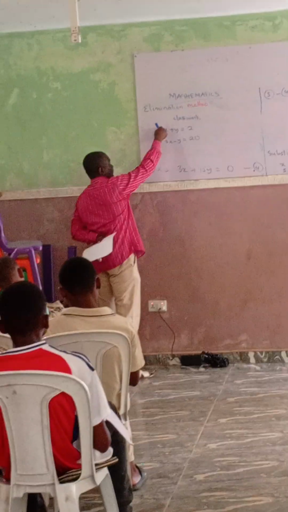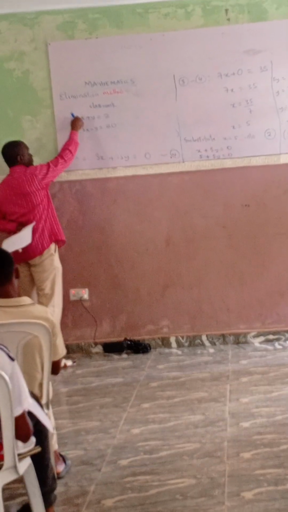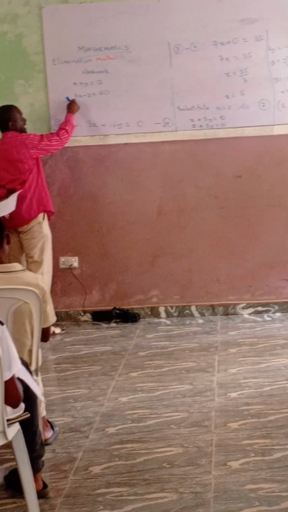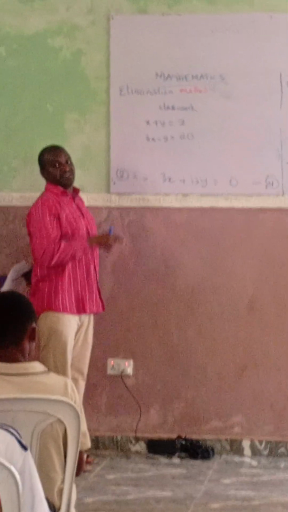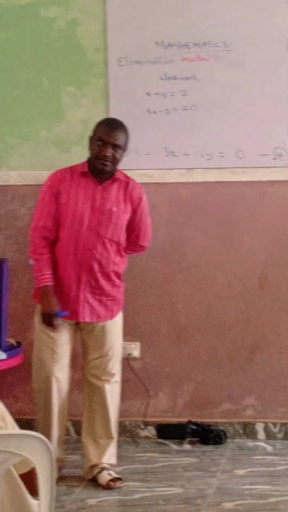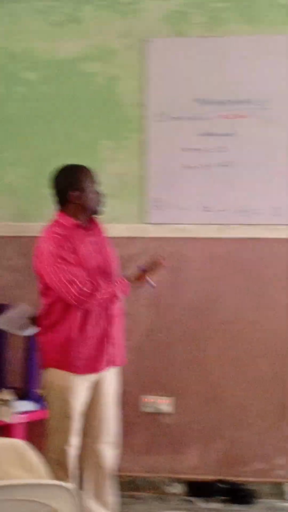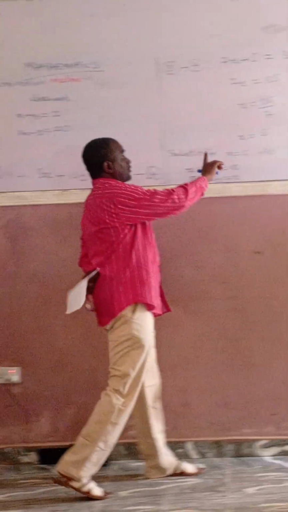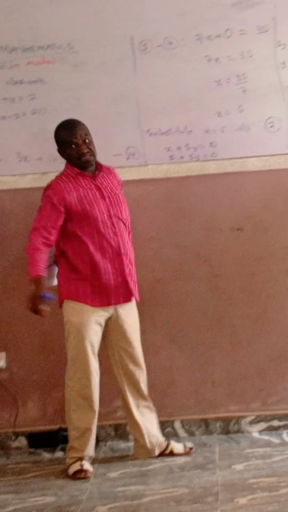So what he's saying is that the coefficients of x are plus 1 and plus 3, and the LCM of 1 and 3 is 3. For these to be the same, you have to multiply equation 1 by 3. You do it and solve it the way we solved this example.